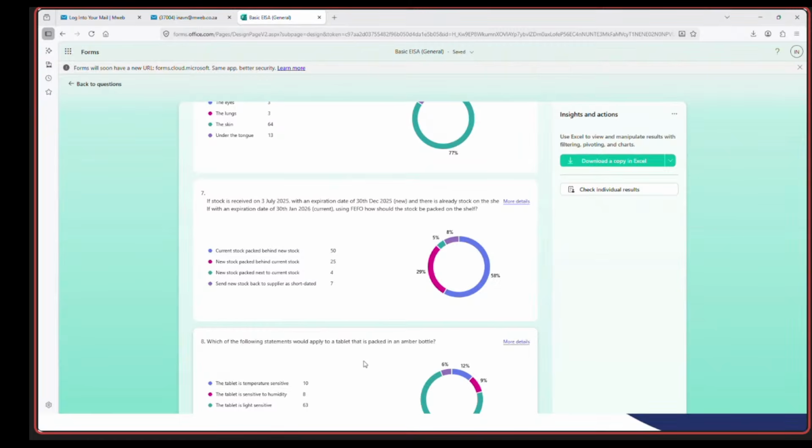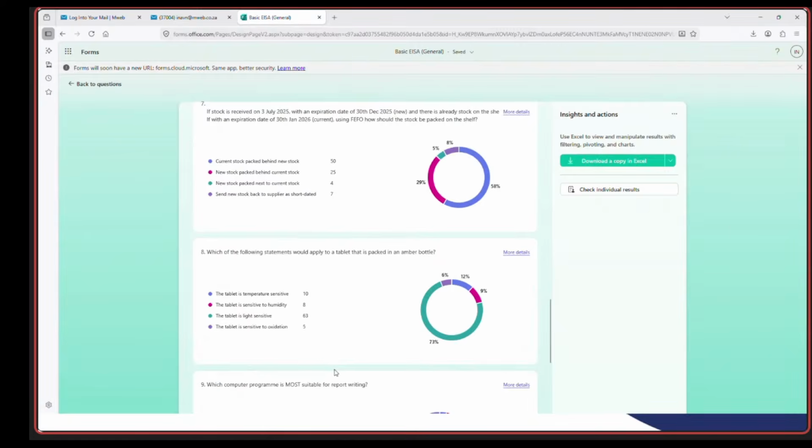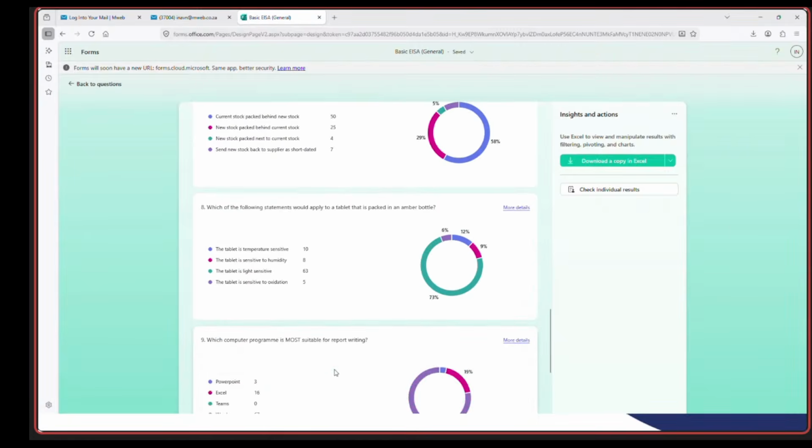If we look now at question number 8, which of the following statements would apply to a tablet that is packed in an amber bottle? If we look at what is amber, the bottle has a different color, so it's brownish. So amber bottle, it has to do with the color.